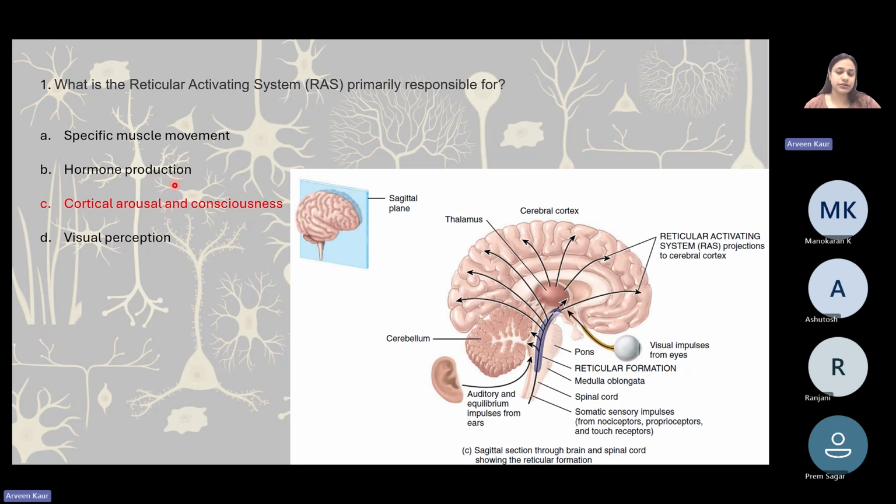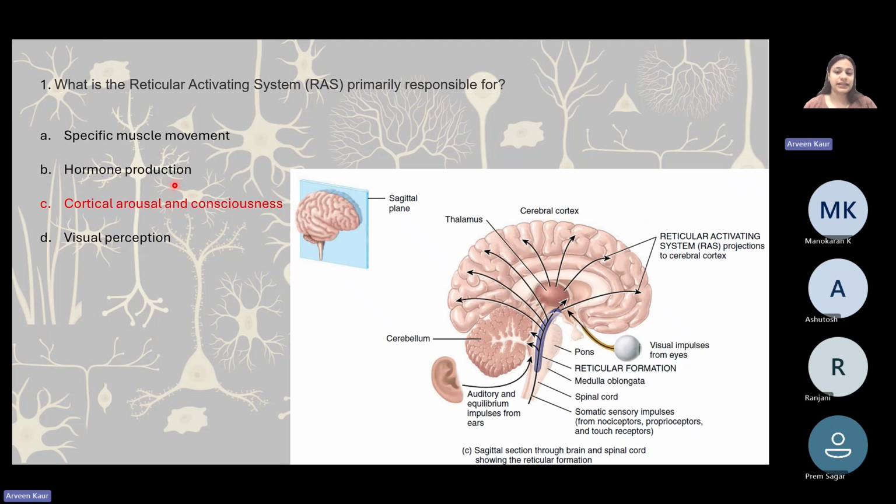The reticular activating system is responsible for us being in that conscious, alert state, right? There were also discussions that lesions to this area can render a person in a comatose state or a brain death state.